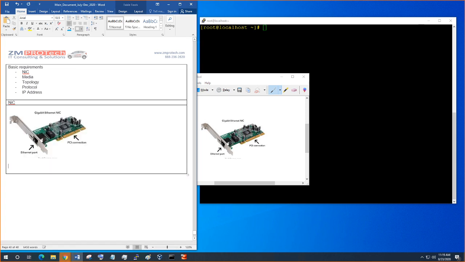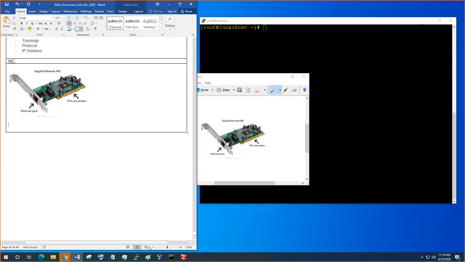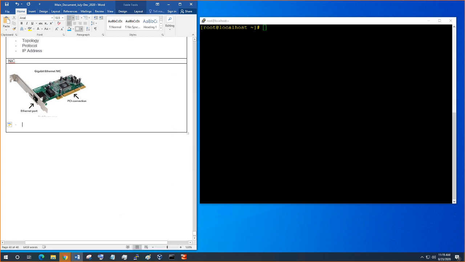Okay, so the NIC card has a hardware address, or MAC address, media access control address.